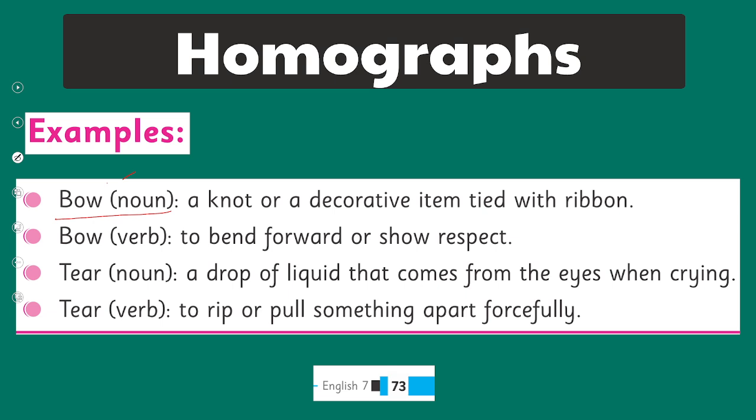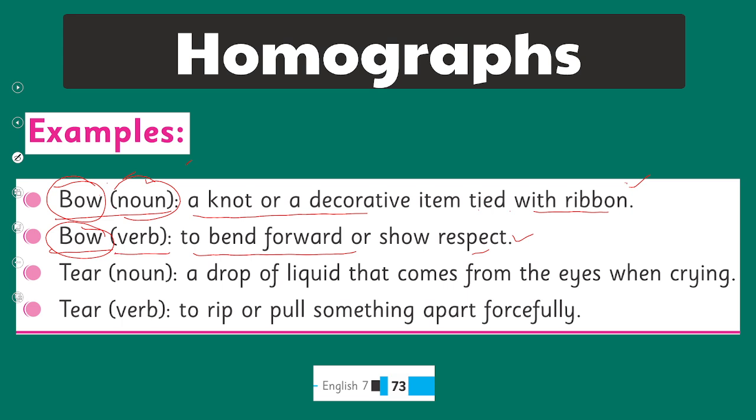Now this is bow, a knot or a decorative item tied with ribbon, like a bow tie. But the same word having the same spelling is pronounced as bow. Bow means to bend forward or show respect.